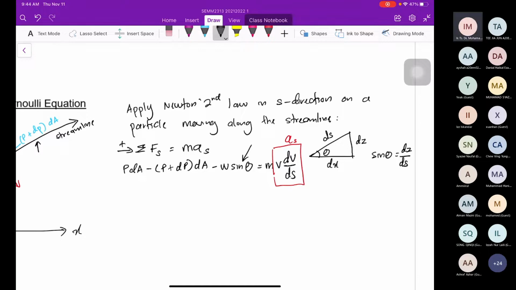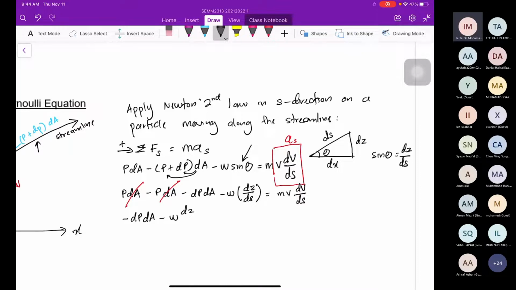So PdA minus PdA, and expand this one, minus dP dA, and W sine theta, I substitute sine theta with dz over ds, equal to m V dV/ds. PdA cancels with this one. So we only have negative dP dA minus W dz over ds equal to m V dV/ds.